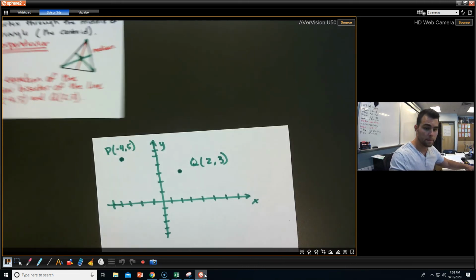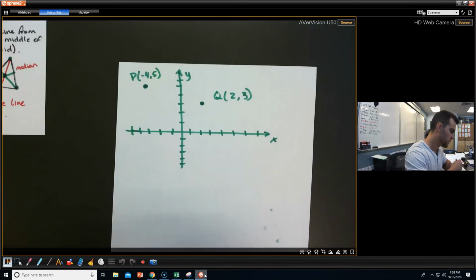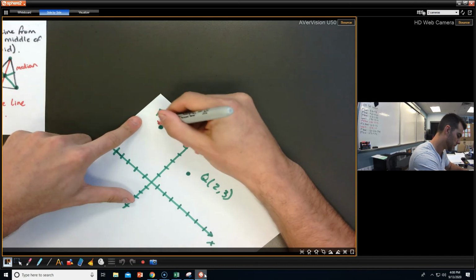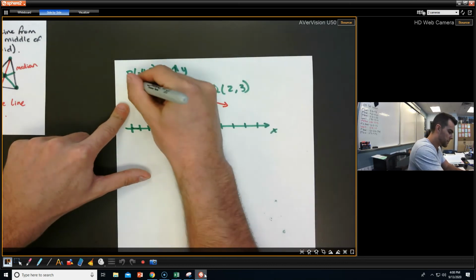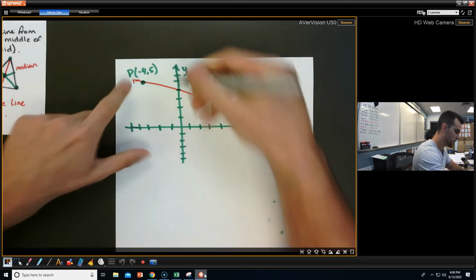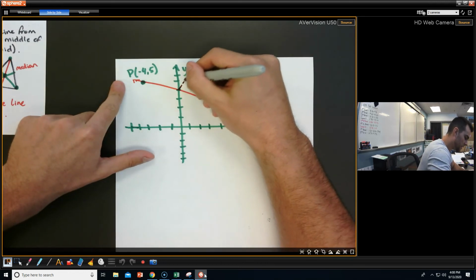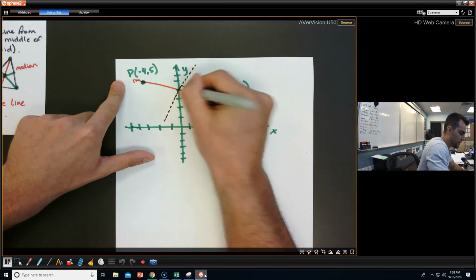I'm just going to replace that because we don't need it anymore, and this line is going through here. Now, with this line, there's the perpendicular bisector. The perpendicular bisector is going to act somewhere like this, something like this, right? It's going to split this line in half.